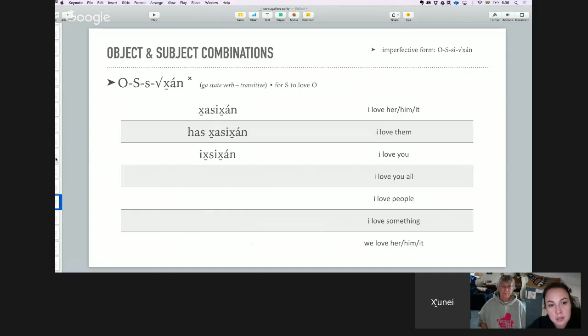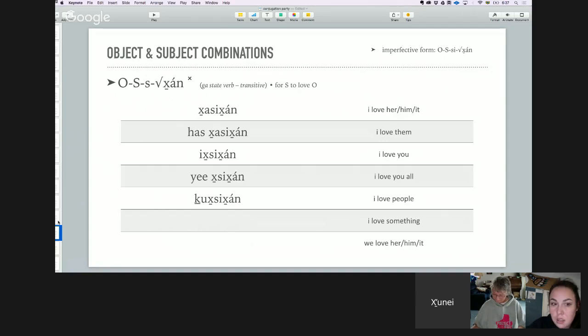Echsachan. I love all y'all. Yichsachan. Okay, so again, same thing. Open causes contraction. So I love people. Chuchsachan. So without the perfective in there, things stay shorter, right? We see that.